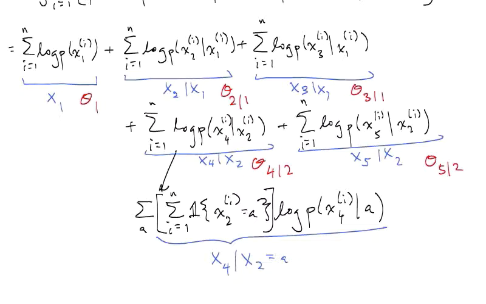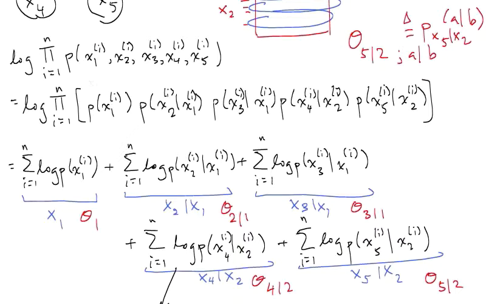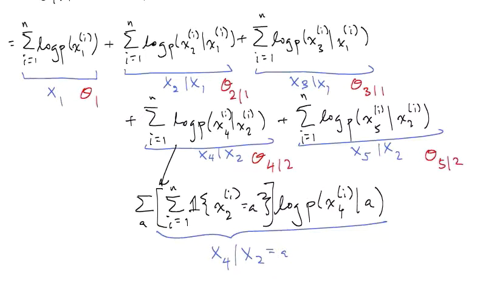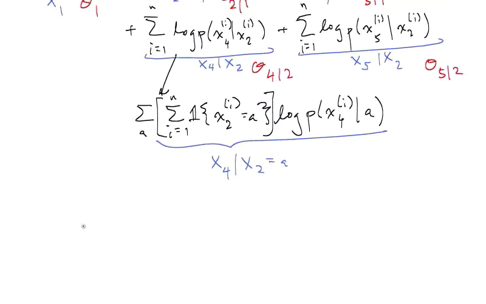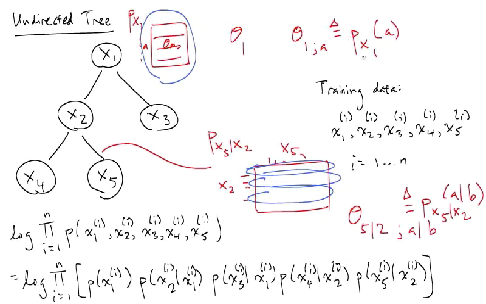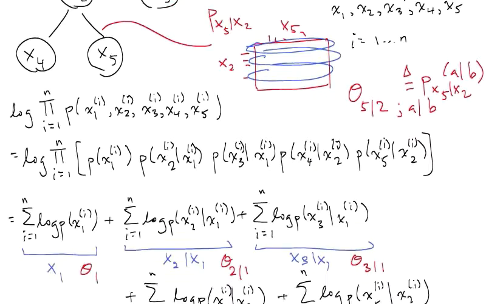So finally, we recognize that to maximize this log likelihood is the same thing as separately maximizing each of these log likelihoods, where again, for each of these conditional probability tables, we would break it up into something like this, and maximize for each of the finite random variables involved. And the end result, of course, is that theta 1 hat of a, again, theta 1 of a is the probability table for x1 evaluated at a.